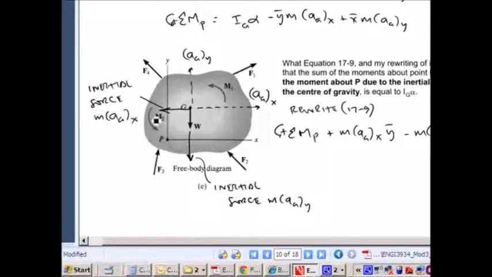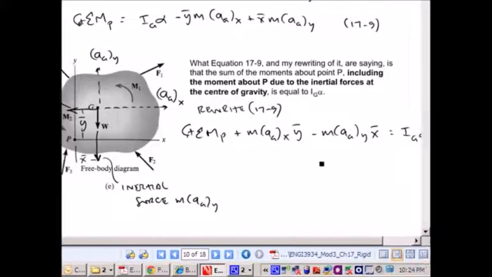What are the moments about P due to the inertial forces? Well, I have a counterclockwise moment, m a_gx times y bar. I have a clockwise moment, which is negative, m a_gy x bar.